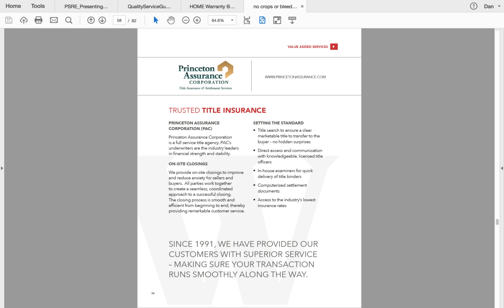So what we have is, from start to finish, the real estate company that provides the sale, the mortgage company that provides the mortgage, and the title insurance company that provides the title insurance to close the sale.